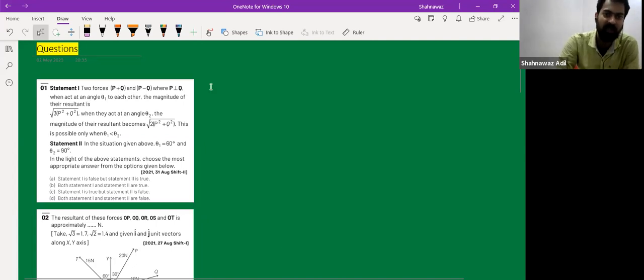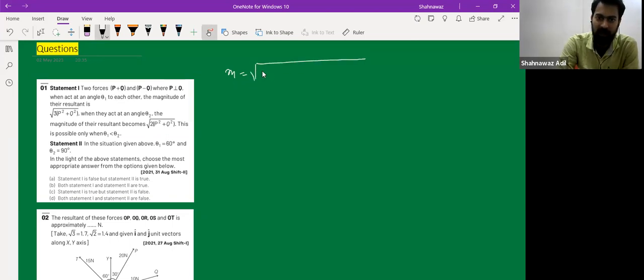Let's say the magnitude of P plus Q is M. And we already know what would be the magnitude of P plus Q. The magnitude of A plus B is P square plus Q square plus 2PQ cos theta.